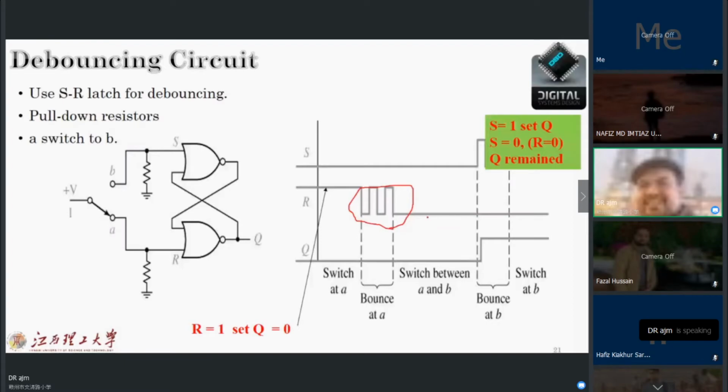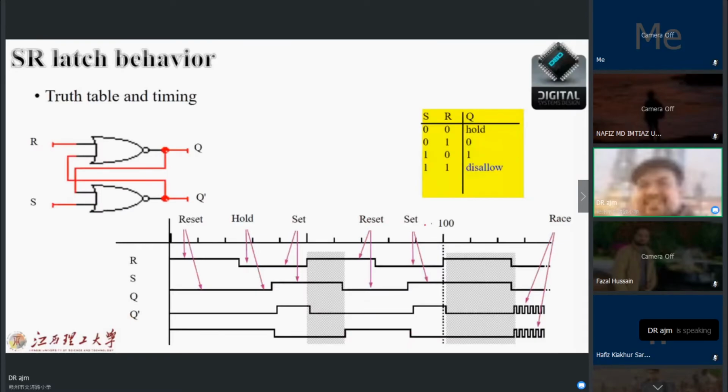Okay. Here what I show with the NOR gates is the same truth table, same things that I told you here, but based on the waveform, which is more important for us. We have the situation of disallowed, the situation of hold, the situation of set, and the situation of reset.